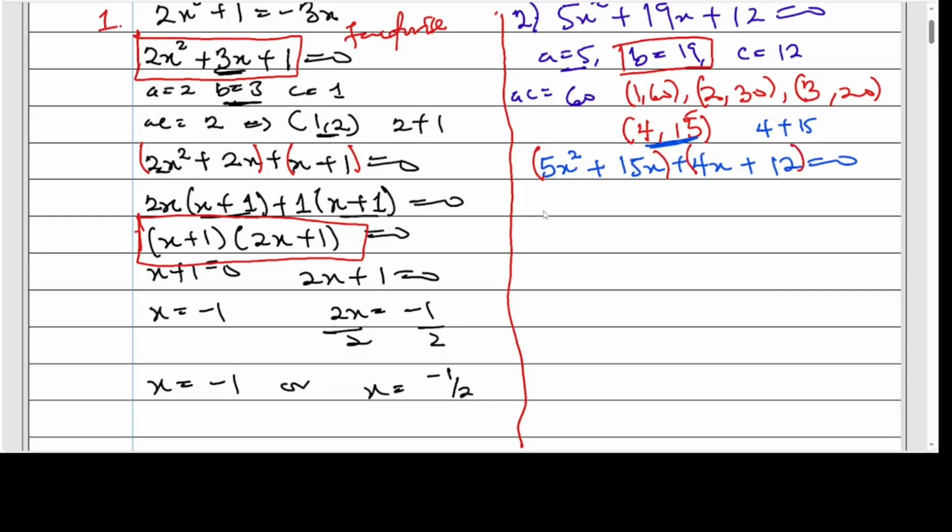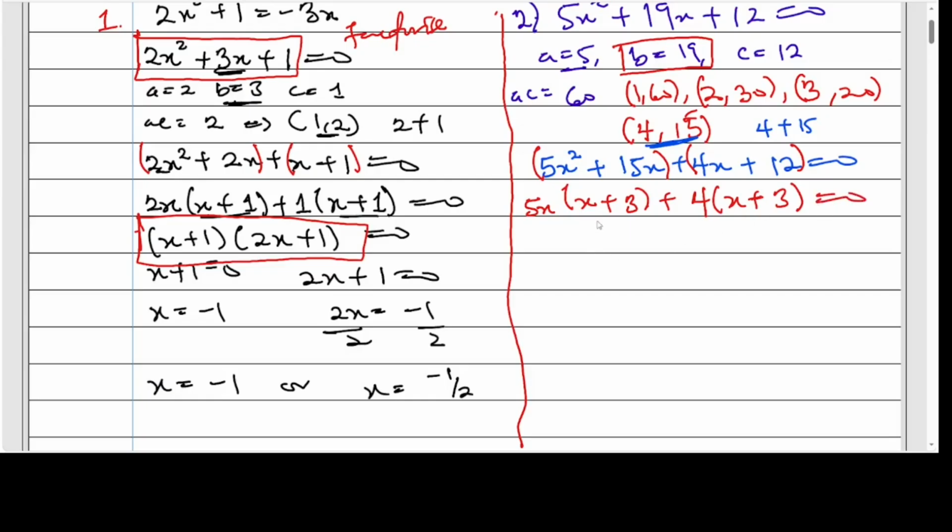And you factor out what is common to each bracket. For the first bracket, 5 is common, x is also common, so 5x is a factor. Now out here we have x plus 3, since 15x divided by 5x is 3. And next we factor out 4, and 12 divided by 4 is 3.